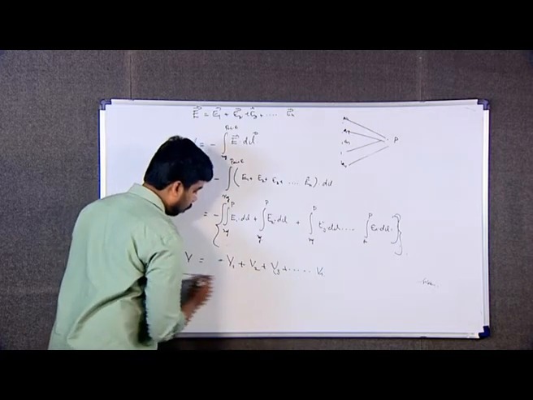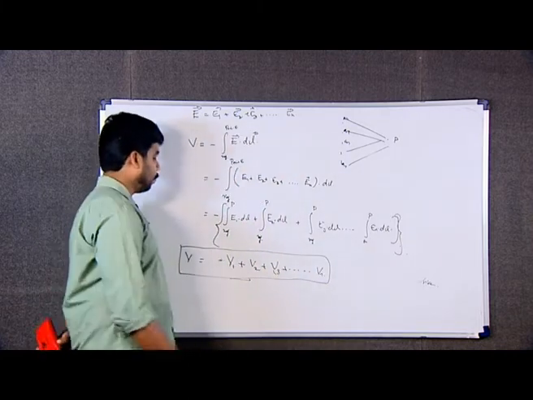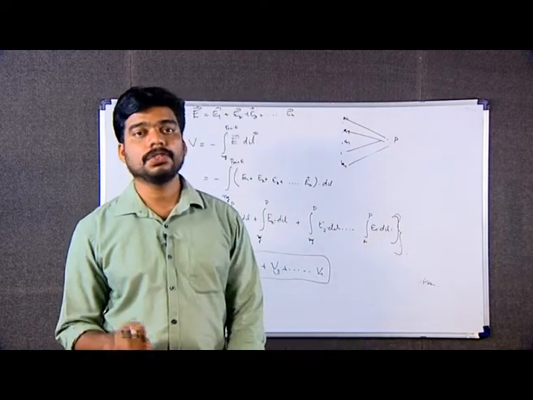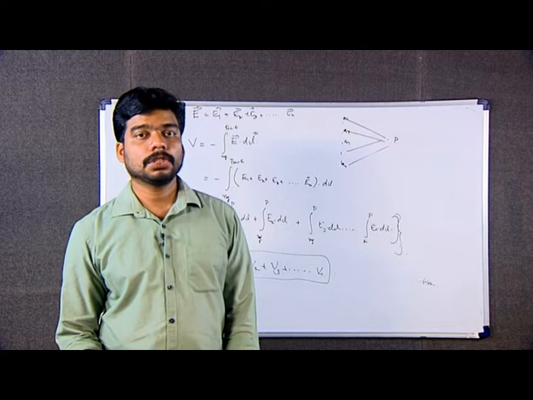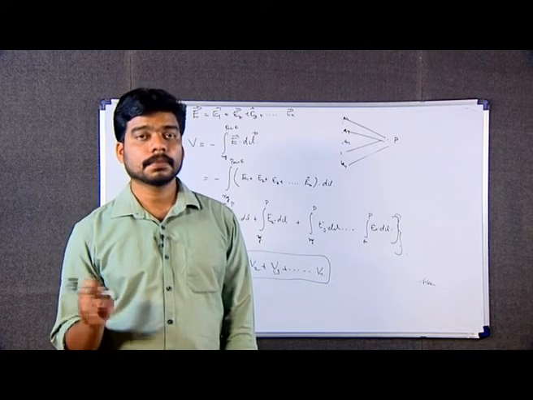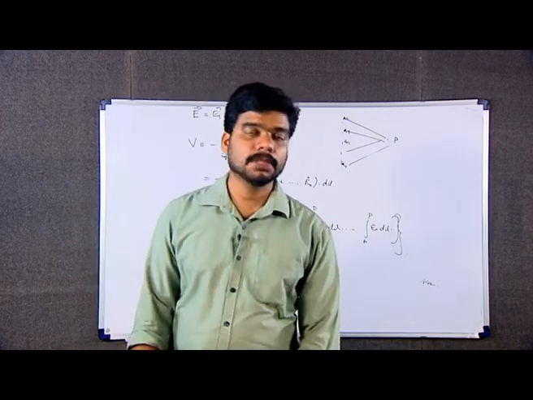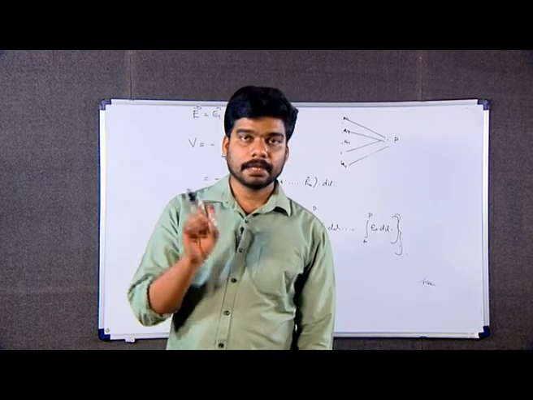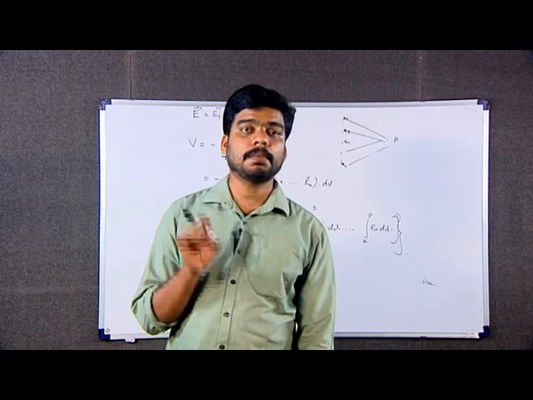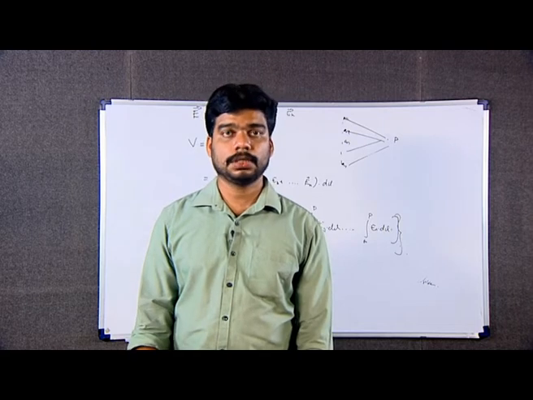So, the potential at a point P is the sum of the potentials obtained due to the individual charges. Similarly, the superposition principle regarding the electric field at a certain point says that it is the algebraic sum of the fields produced due to individual charges.